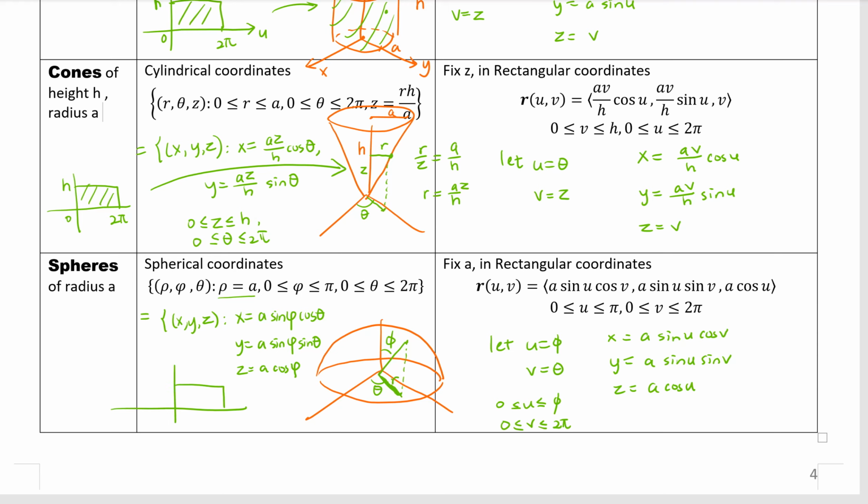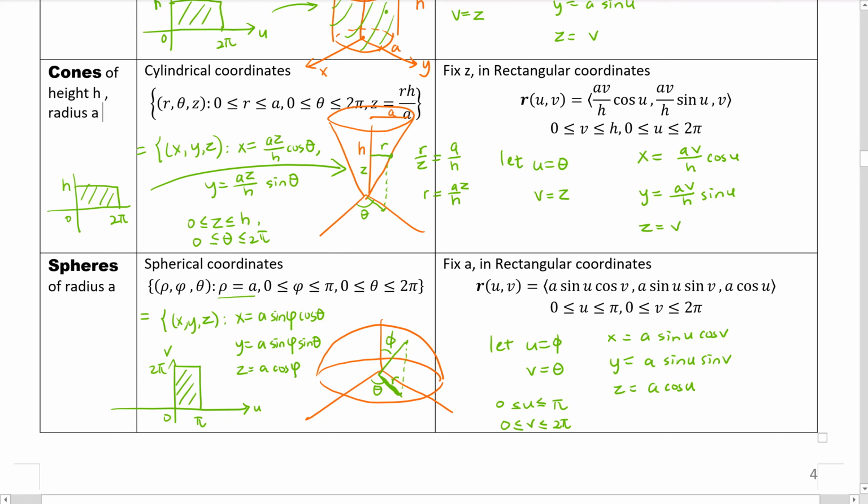So that corresponds on the uv plane to u from 0 to pi, and v from 0 to 2 pi. Okay, so far so good, everybody.